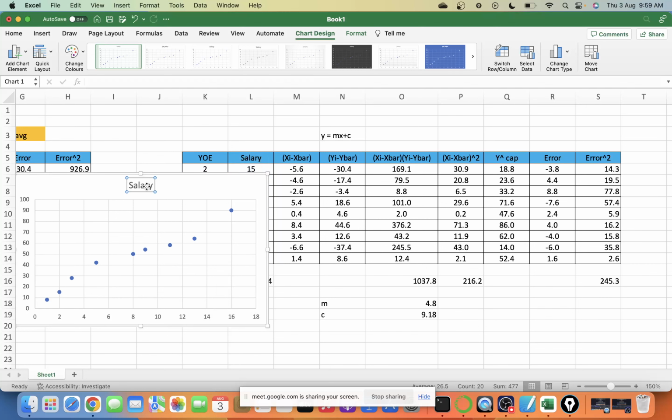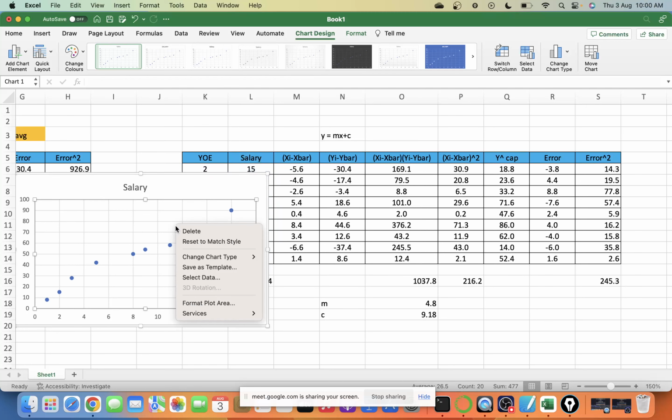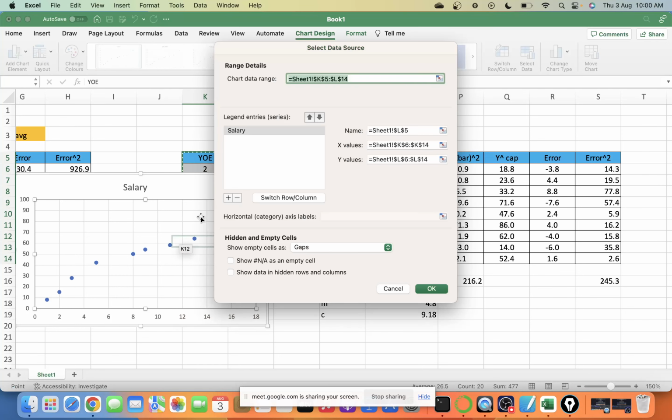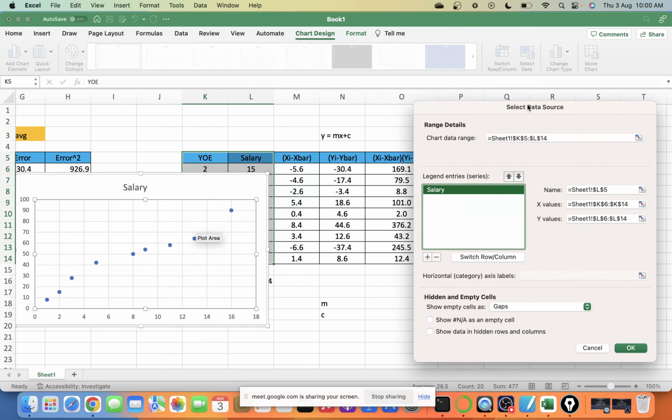So now, do you see this one? Okay. Now I want to plot one more thing. Just a second, I want to add one more. Yes, that we can do now. Select data. Salary is there, right? Okay.